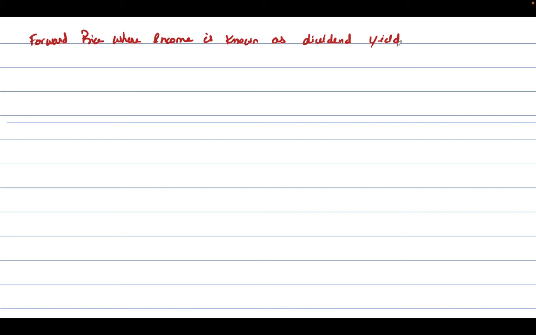Known dividend means that when income is expressed as a percentage of the asset, the life is known.